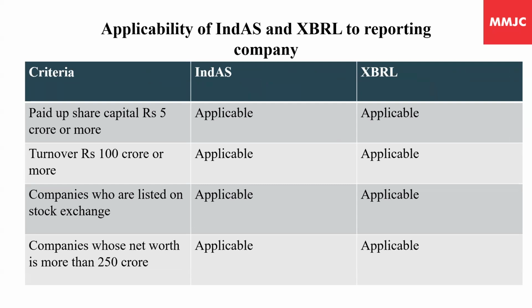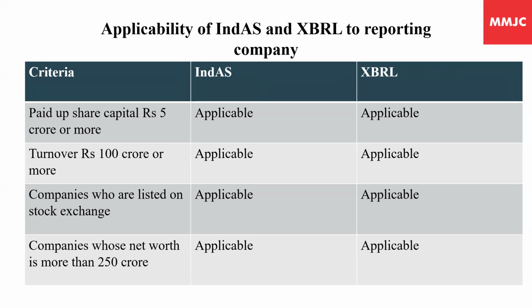Rule 4 of the Ind AS rules says that companies who are listed on stock exchanges or whose net worth is more than 250 crores are required to prepare their accounts as per Ind AS. So if we consider both these eligibility requirements carefully, we see that there are some companies to whom XBRL is applicable, but Ind AS is not applicable.